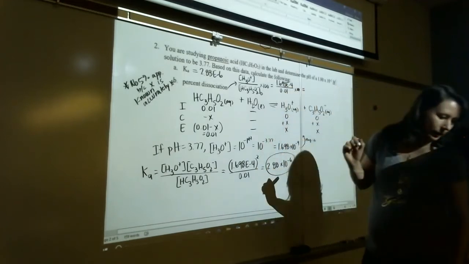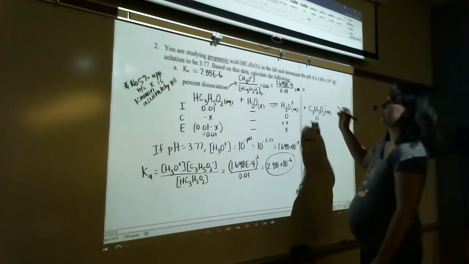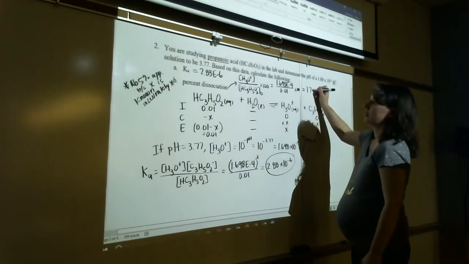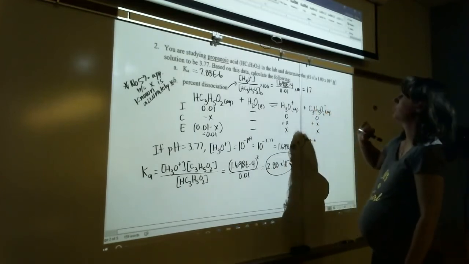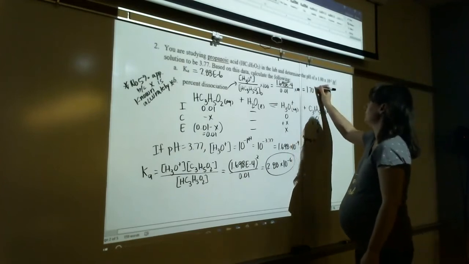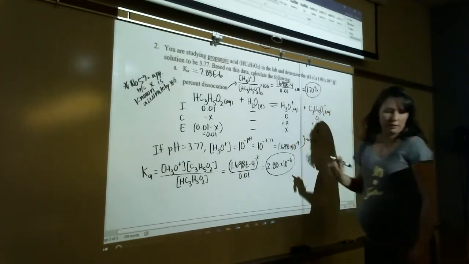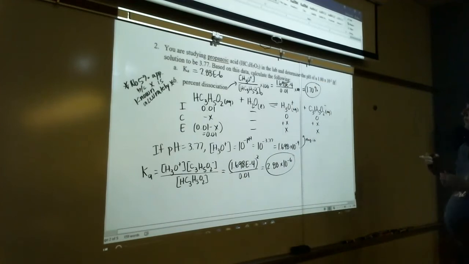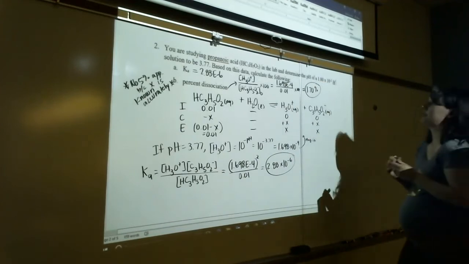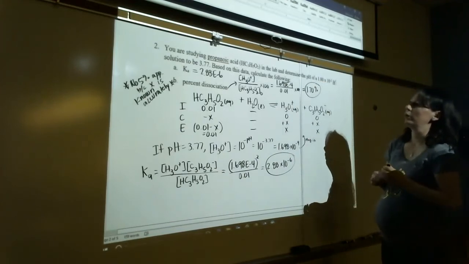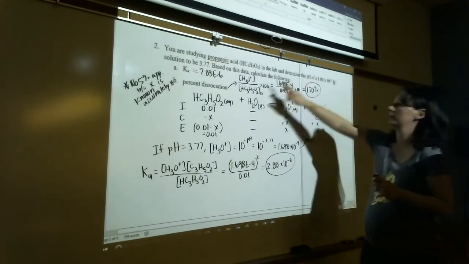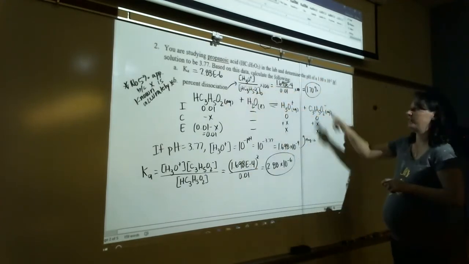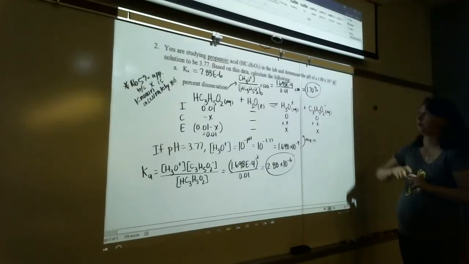So I got 1.7. How many sig figs am I keeping here? Well, I'd have 3 sig figs, so 1.70%. I didn't take the log, so I'm just using regular sig fig rules.